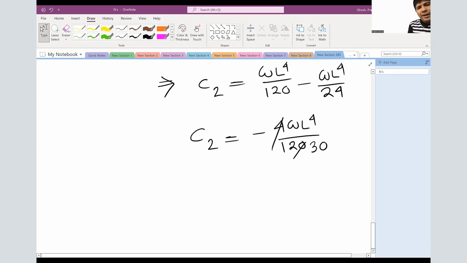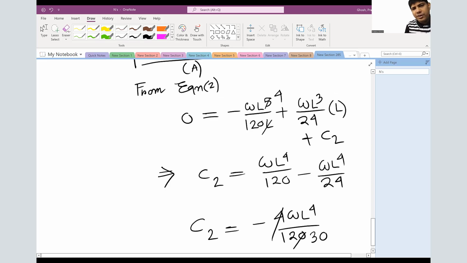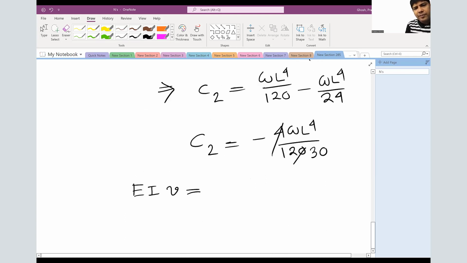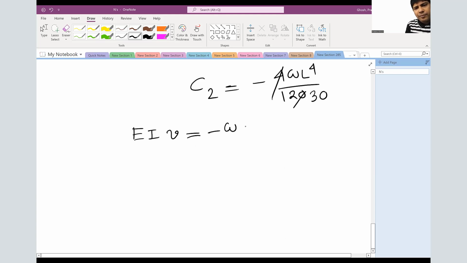Now we'll plug it back into our equation 2. EI V. Remember the original equation: negative Wx^5 over 120L plus C1x plus C2, correct?